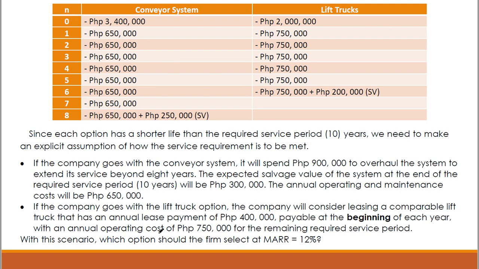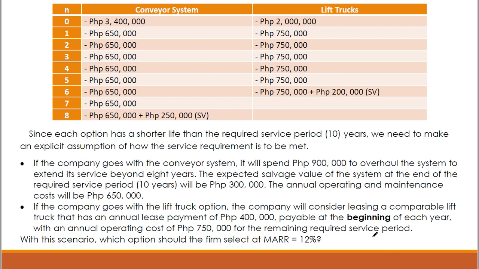For the forklift, if the company goes with the lift truck or forklift option, the company will consider leasing a comparable lift truck that has an annual lease payment of 400,000 payable at the beginning. So take note, at the beginning, not at the end, but at the beginning of each year.